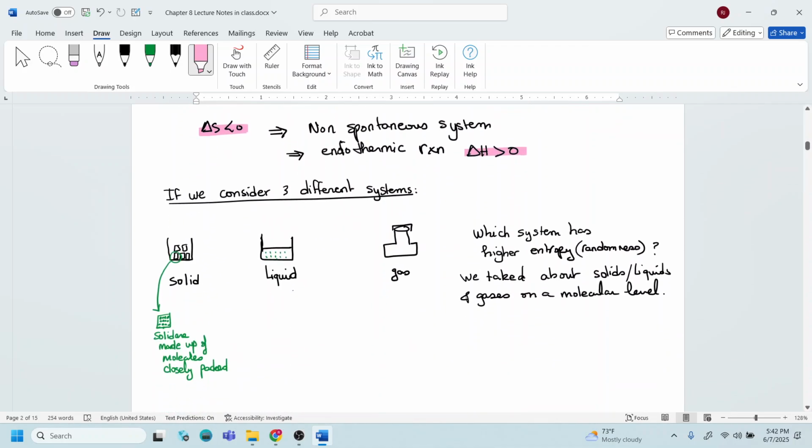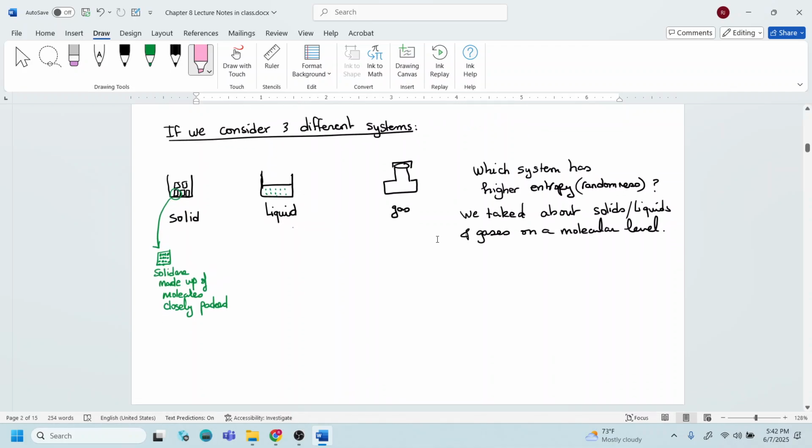Let's consider the three different physical states: the solid, the liquid, and the gas. And the question here is, which system has a higher entropy, meaning, which system is more random? So we need to look at each one of these at the molecular level. Solids are made up of molecules, and the molecules are closely packed with respect to each other, right?